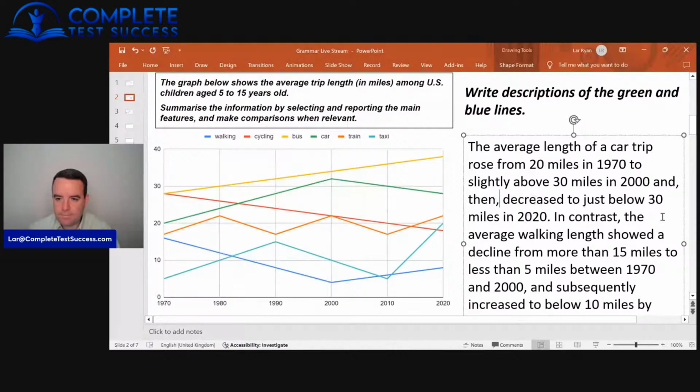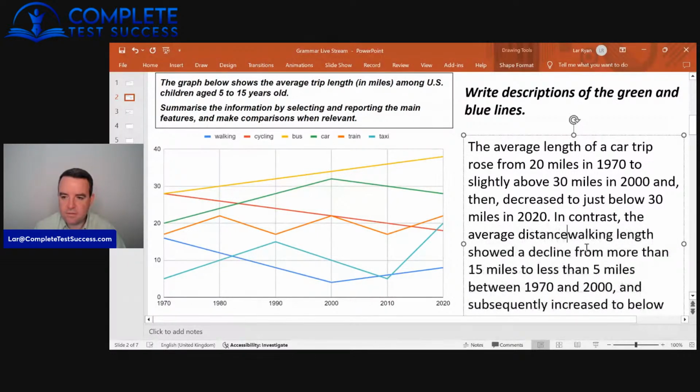Okay, so that's good. "In contrast, the average walking length..." maybe distance.